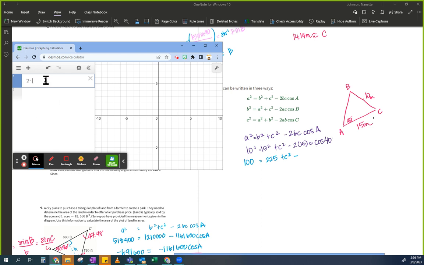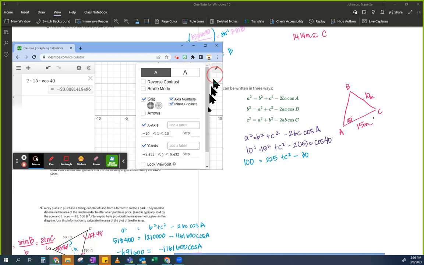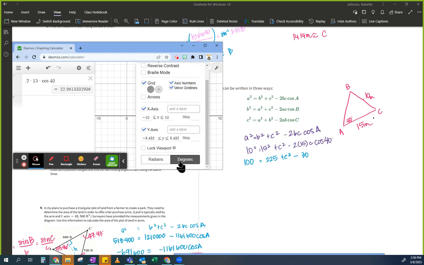So I actually want to calculate 2 times 15 times the cosine of 40 degrees. Make sure that this is in degrees. Otherwise, there you go. So it's 22.98. So this whole thing is 22.98 C's.